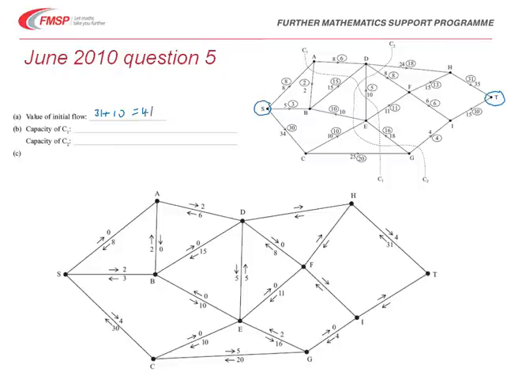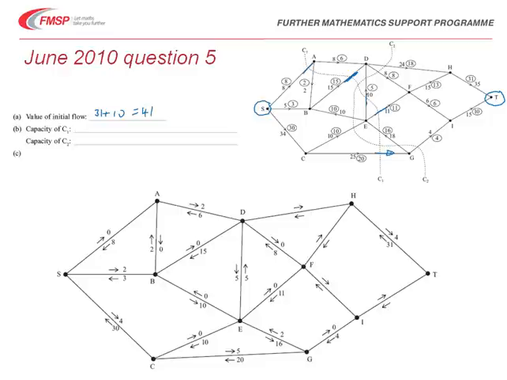For the capacities of the cuts, remember that we've got to look at arcs which are going from the source set to the sink set. So marking those on cut 1, we've got SA, which is in the correct direction, BD is in the correct direction, ED, EF, not GE, but CG.